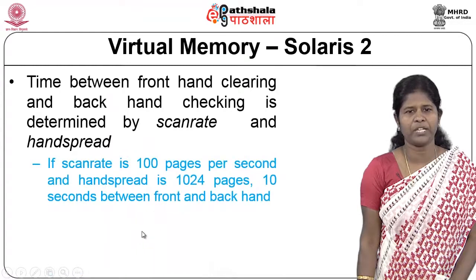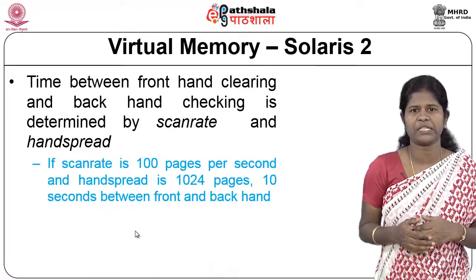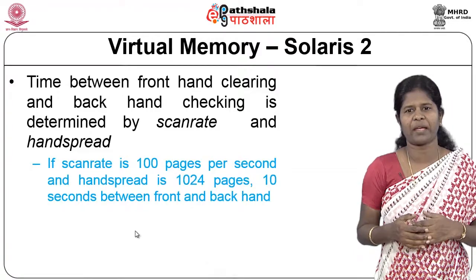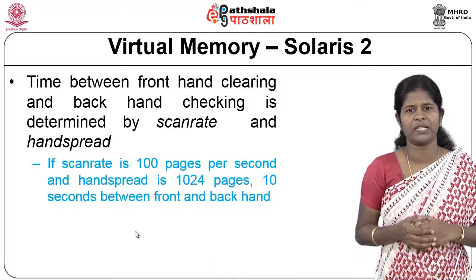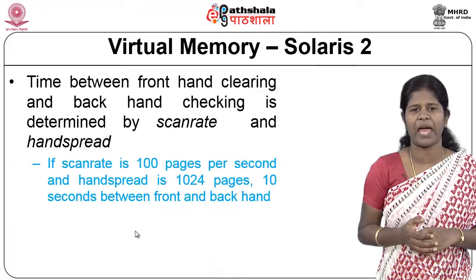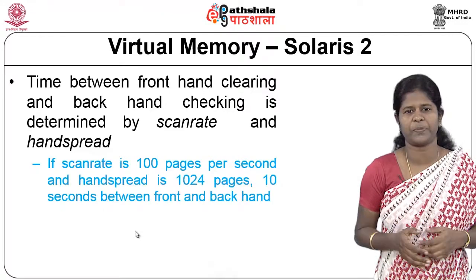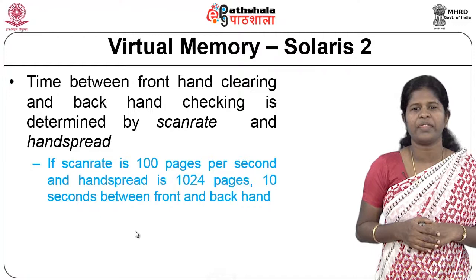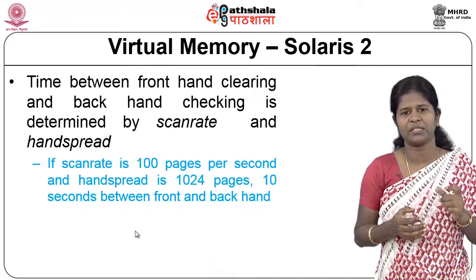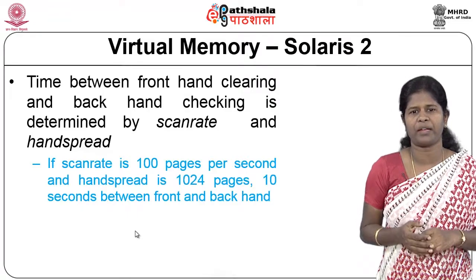The time between the front hand clearing the reference bits, and the back hand checking if the reference bit is set again, is determined by the scan rate and the handspread parameters. Say if the scan rate is 100 pages per second and the handspread is 1024 pages, then there will be about 10 seconds between the front hand and the back hand.